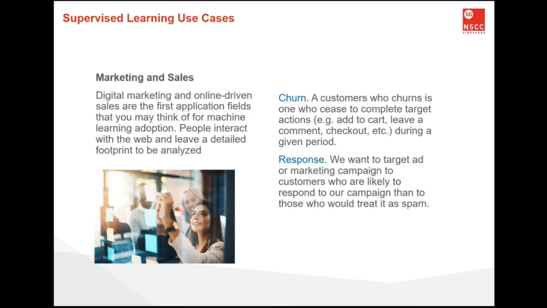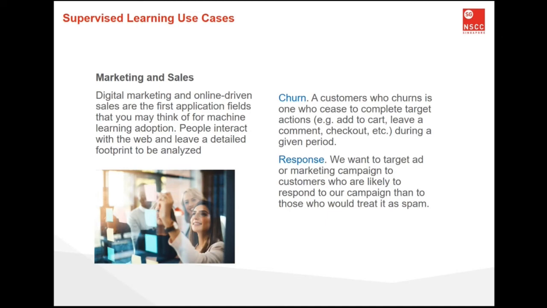For example, you can analyze customer churn. A customer who churns is one who ceases to complete target actions, such as adding a product to a shopping cart, leaving a comment, or checking out with their credit card during a given period. So we can use machine learning to predict customer churn.